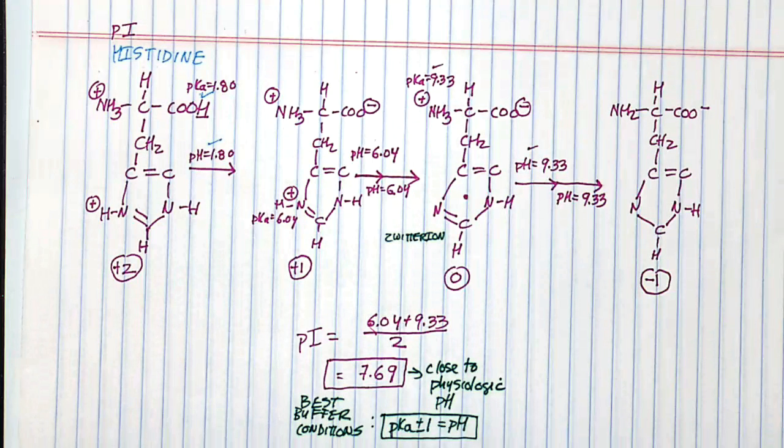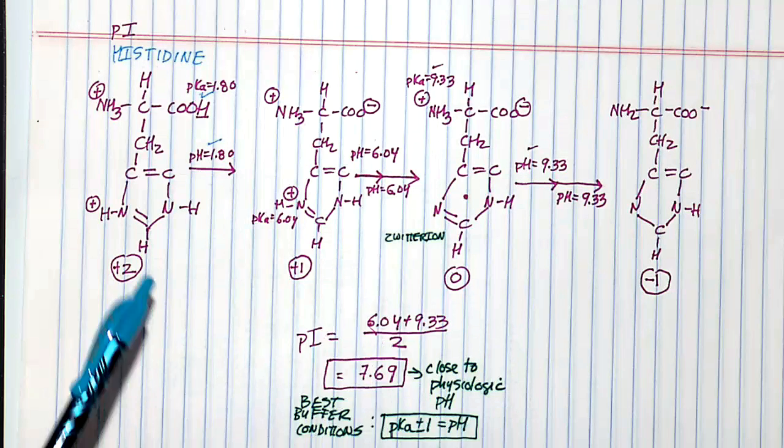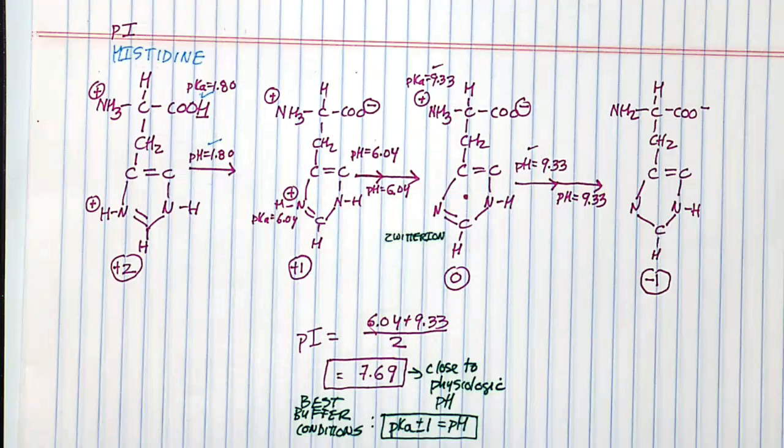Many people working in vitro in the lab will take histidine and put it in their solution so that it is the best buffer solution. So those are how you solve pI problems.